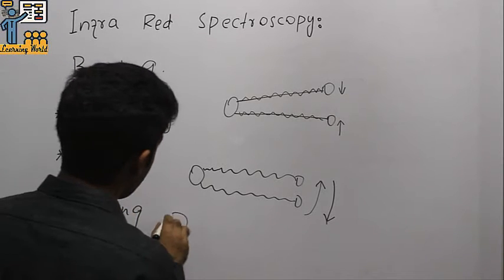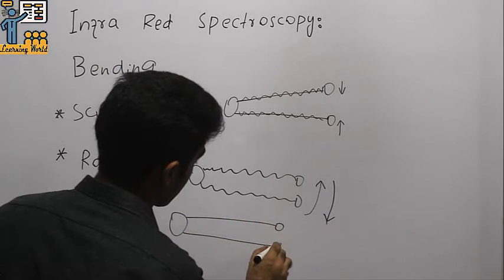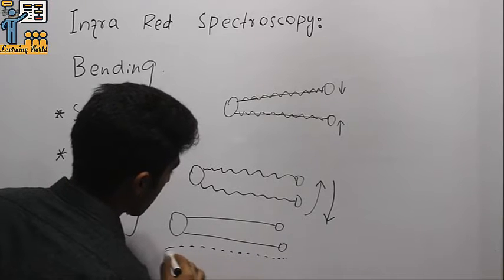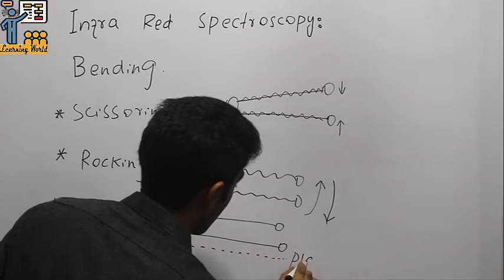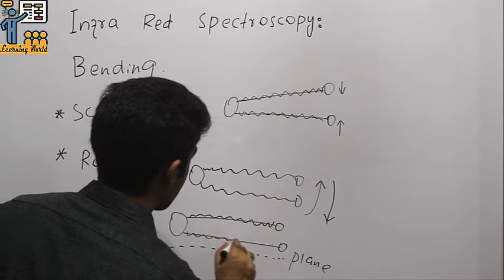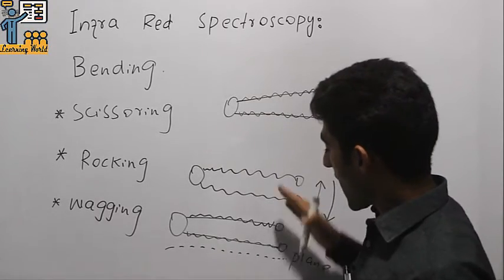Third one is wagging. In wagging, for example, this is the plane. In wagging, the atoms will move above the plane or below the plane.